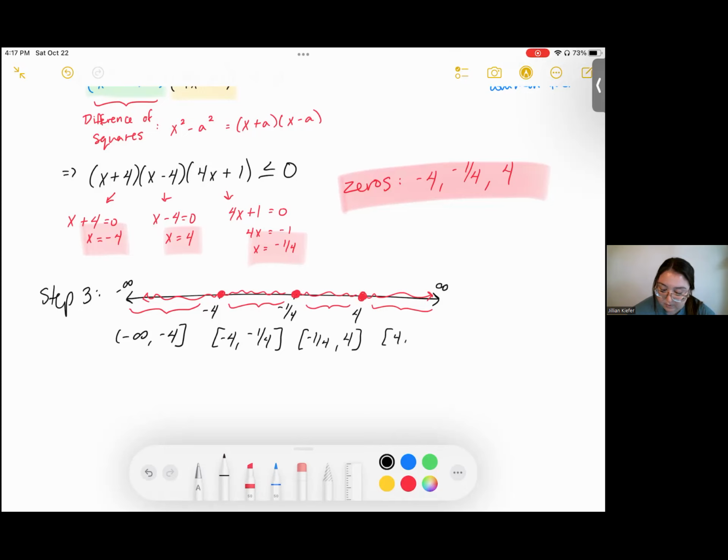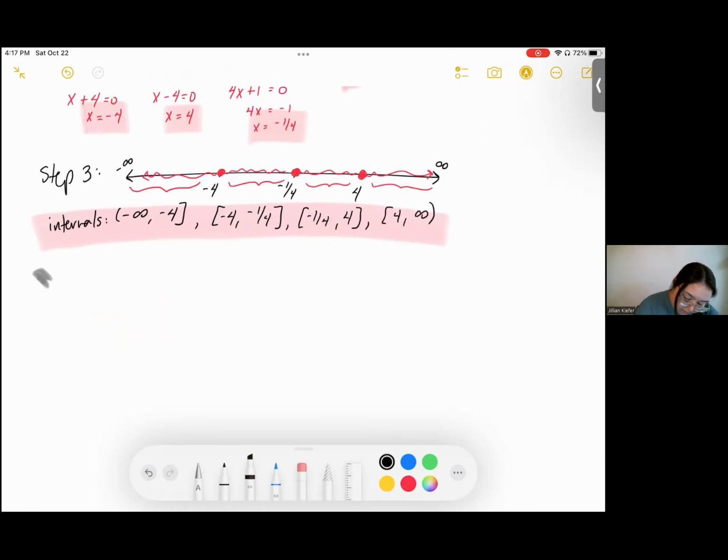And 4 with a bracket to infinity. Remember, infinity and negative infinity always get parentheses. And we're not naming a domain or anything. We're just listing out the intervals. So we just write some commas. And we'll write intervals. So these are all of the intervals that we are going to use when we create our table, which is in the next step.